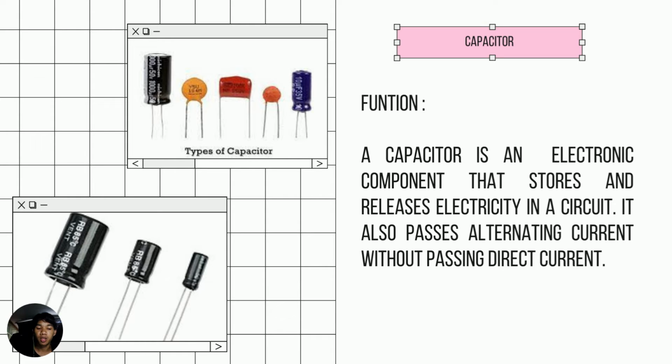However, capacitors are designed to charge at a very fast rate, in contrast to batteries that are designed to discharge at a slow rate over a long period of time. So this is the function of a capacitor. A capacitor stores and releases electricity in a circuit. It also passes alternating current without passing direct current.